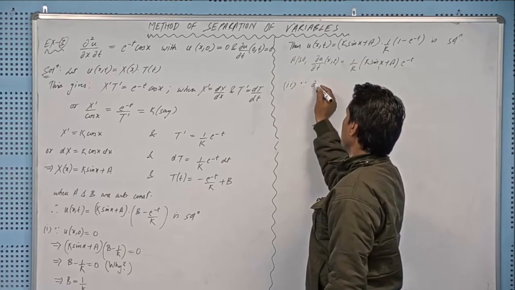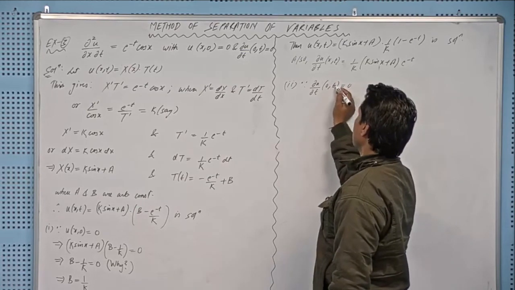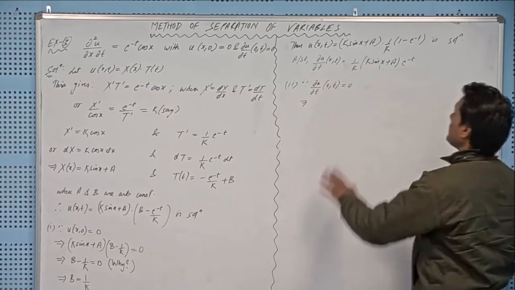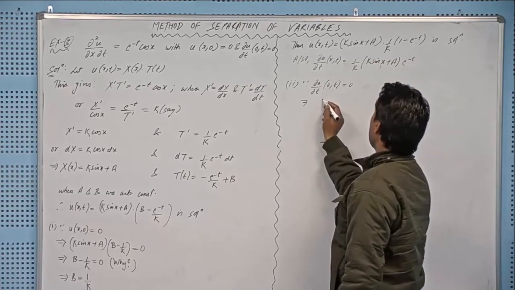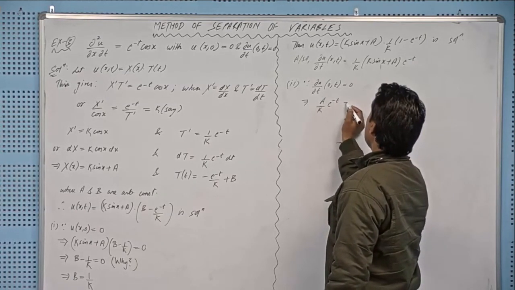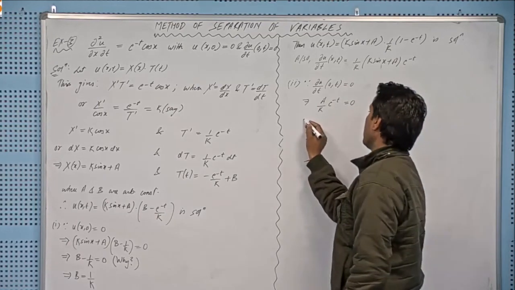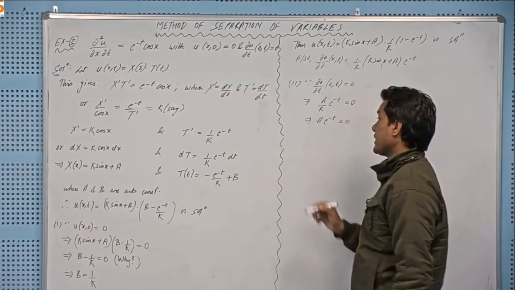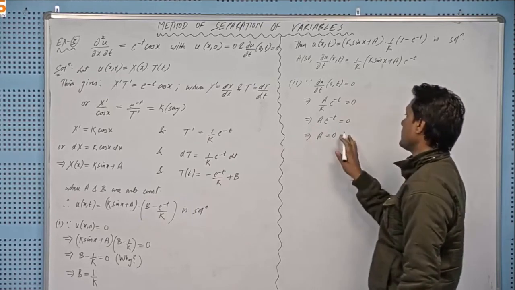Since del u over del t at (0, t) equal to 0, putting x equal to 0 here, this term will be 0, and that will produce A over k e to the power minus t equal to 0, right, and obviously this k gets multiplied here, you will get A e to the power minus t equal to 0, and that will produce obviously capital A equal to 0, right.